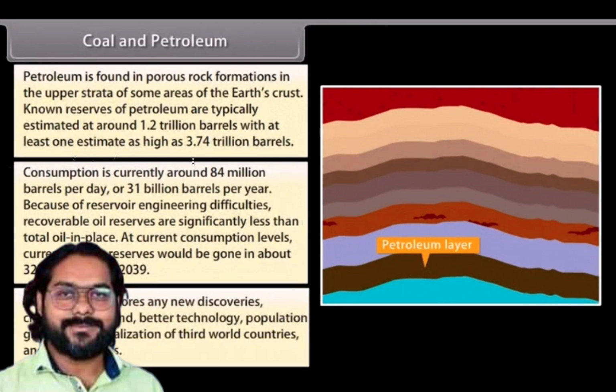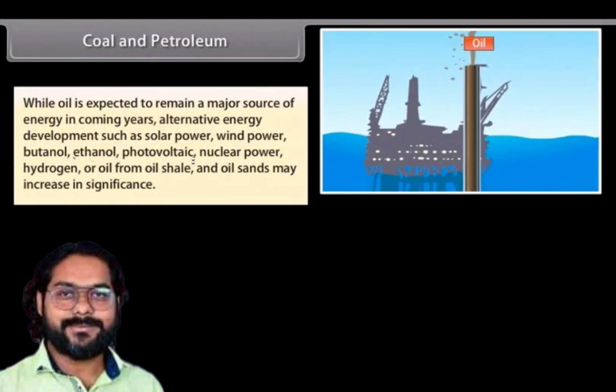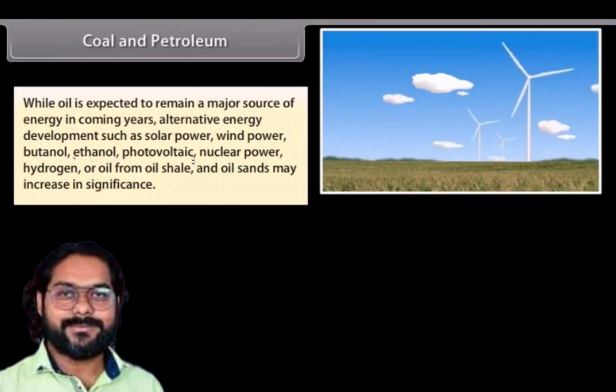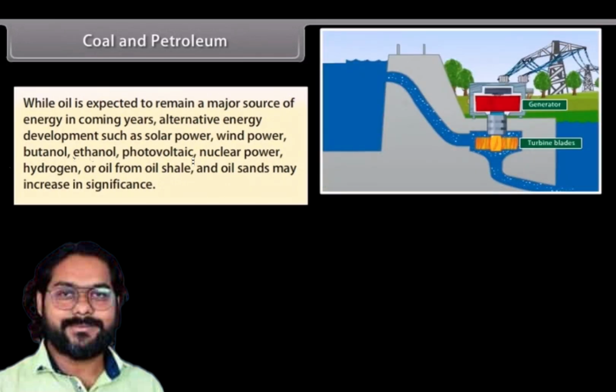However, this ignores any new discoveries, changes in demand, better technology, population growth, industrialization of third world countries, and other factors. While oil is expected to remain a major source of energy in coming years, alternative energy development such as solar power, wind power, butanol, ethanol, photovoltaic, nuclear power, hydrogen, or oil from oil shale and oil sands may increase in significance.